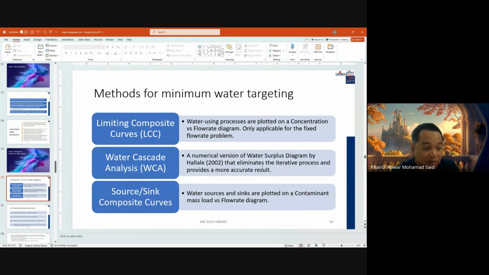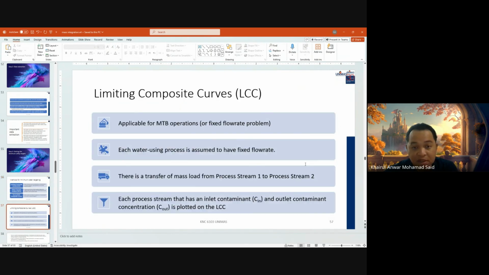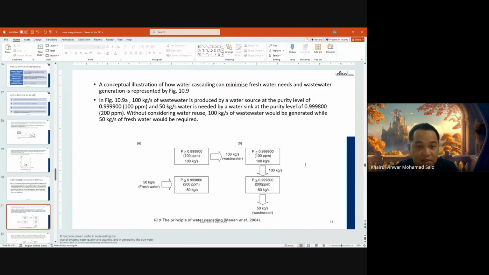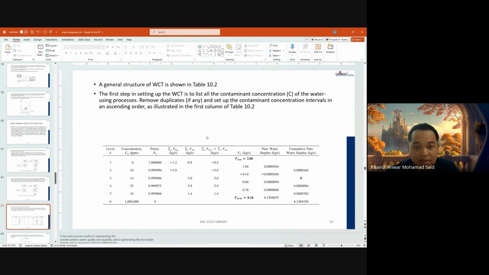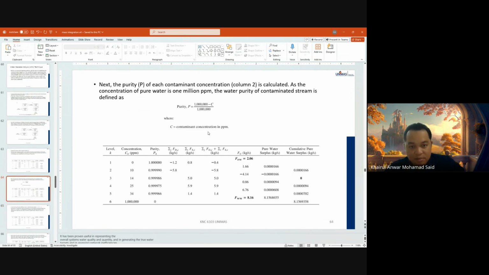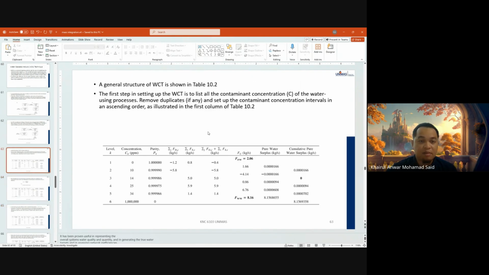So in step three, we construct our water cascade table, WCT. We sort our concentration levels, convert them to purity fraction P, and calculate the purity difference, delta P. We cascade the cumulative pure water surplus through the intervals.